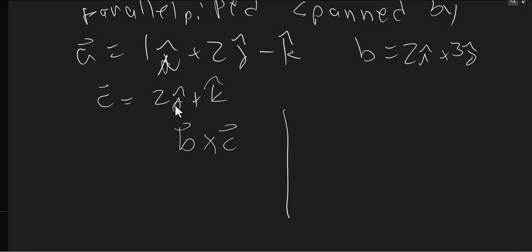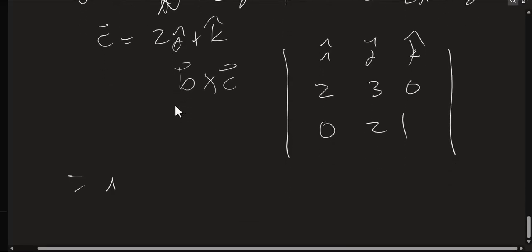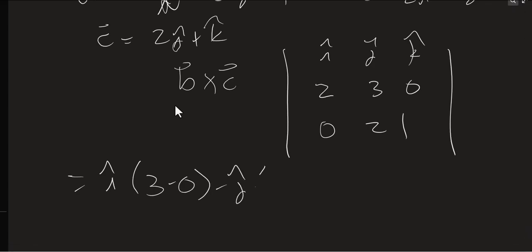B cross C, i, j, k, 2, 3, 0, 0, 2, 1, equals i times 3 minus 0, minus j times 4 minus 0, plus k times 4 minus 0.